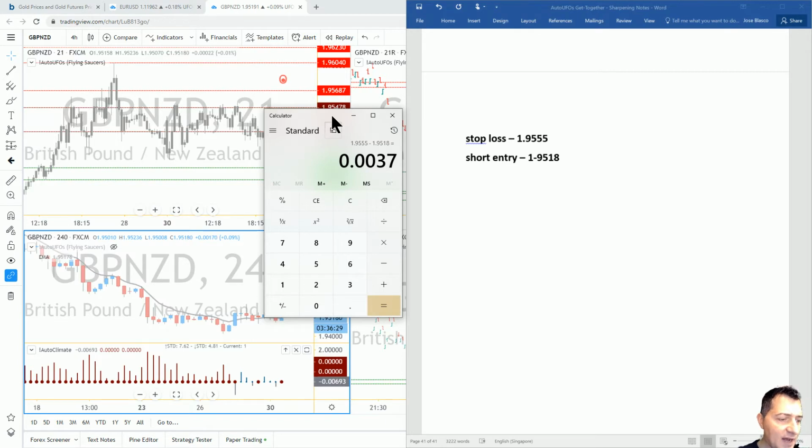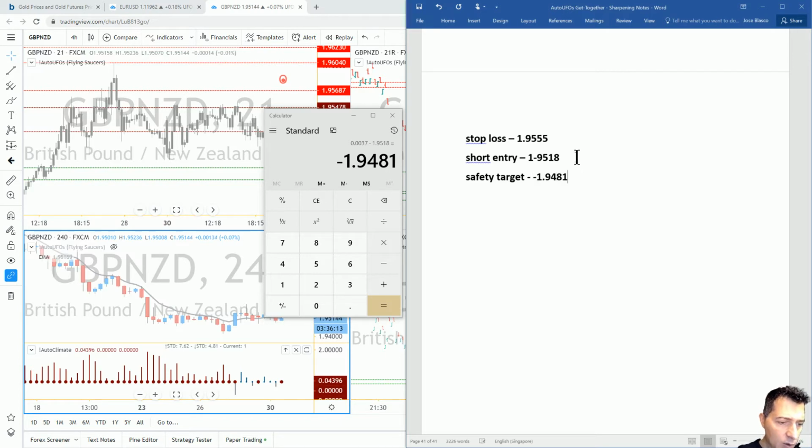If you project that value below 195.18, which is the entry, it is going to be 194.81. That will be your safety target, located at 194.81.